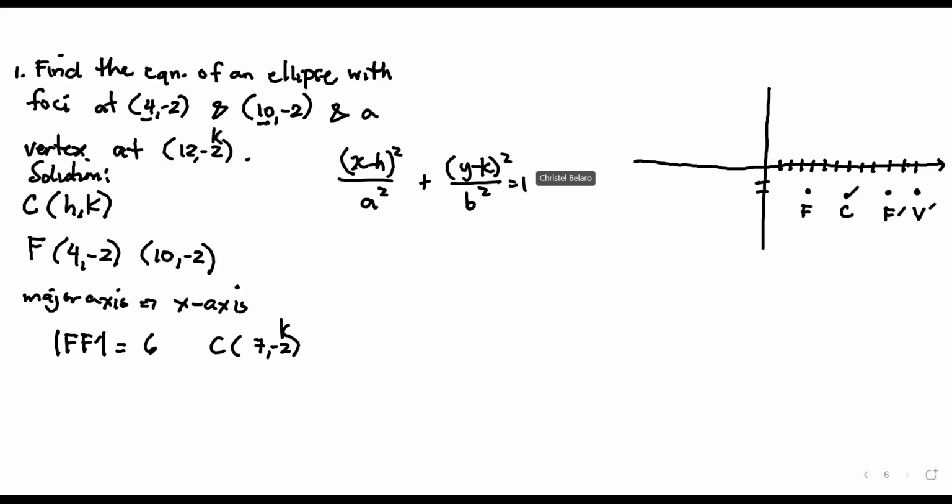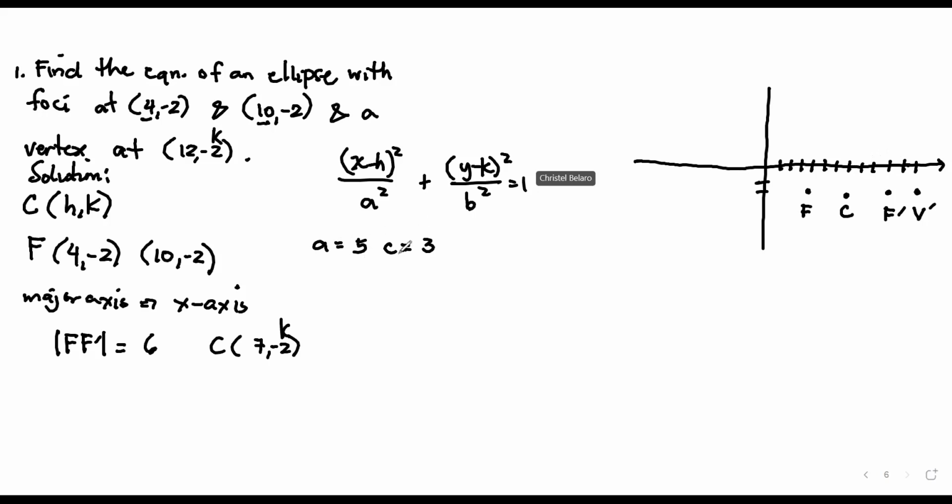We're going to count the distance from center to vertex: 1, 2, 3, 4, 5. Okay? Ibig sabihin, the value of a class is 5. And the value of c from center to foci is 1, 2, 3.